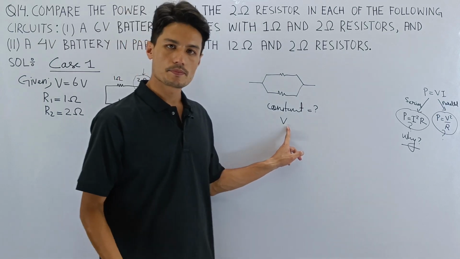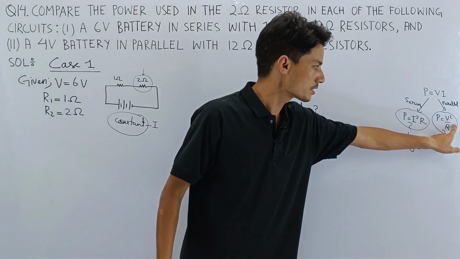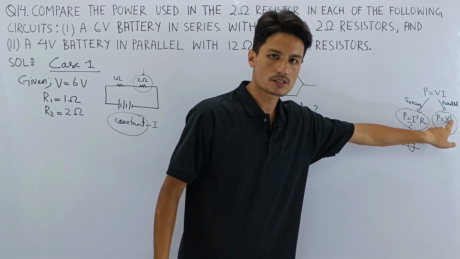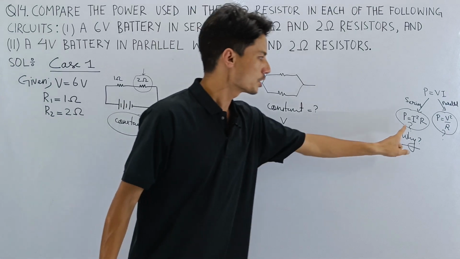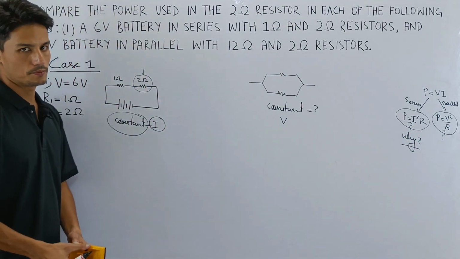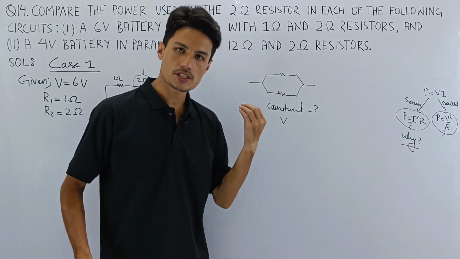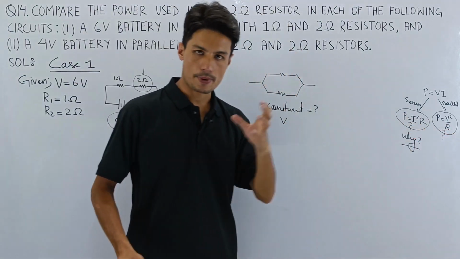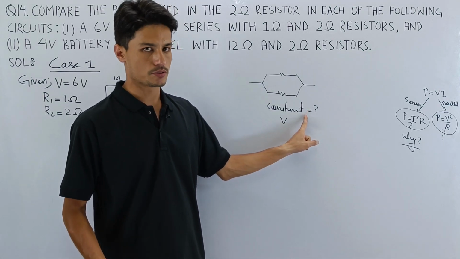So in the formula for power, if the combination is parallel, it should be this, because potential difference remains constant. The formula for power in series combination should have current because current remains constant. I hope that clarifies your doubt why this formula should be used in series combination and this formula should be used in parallel combination. It's all because of their constant values.